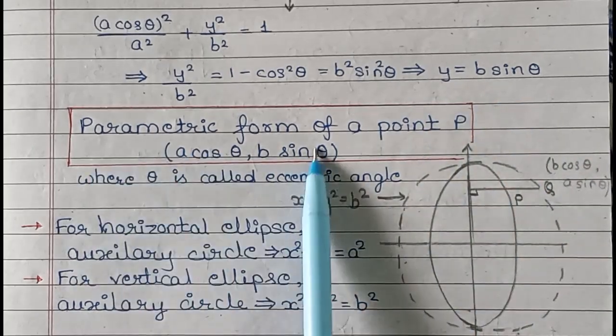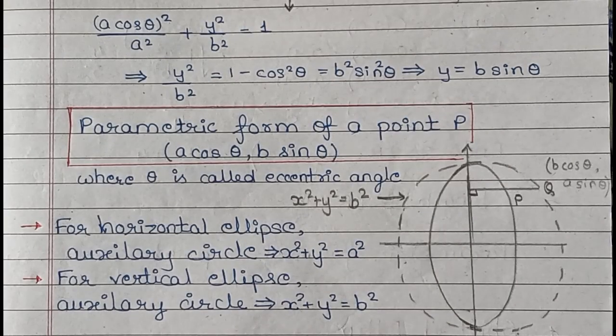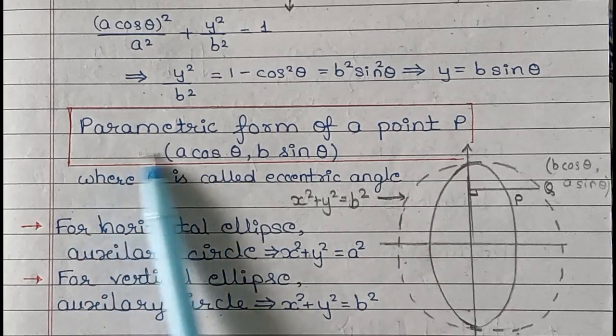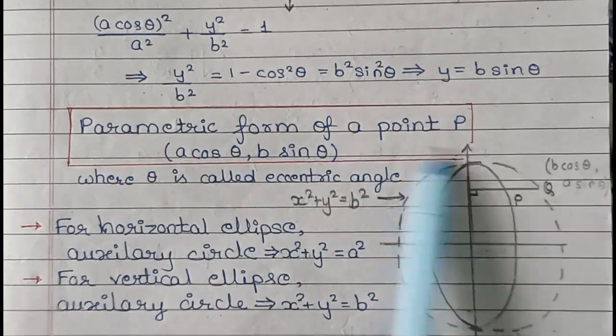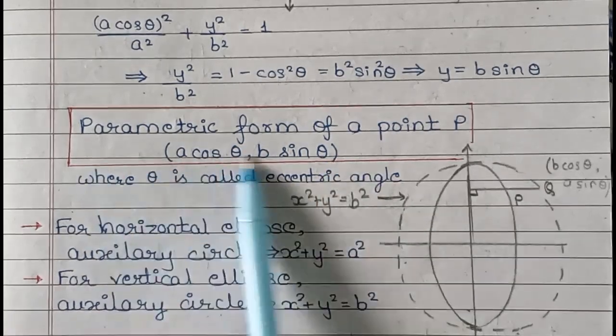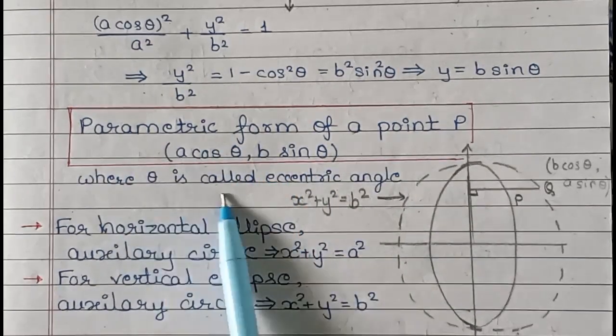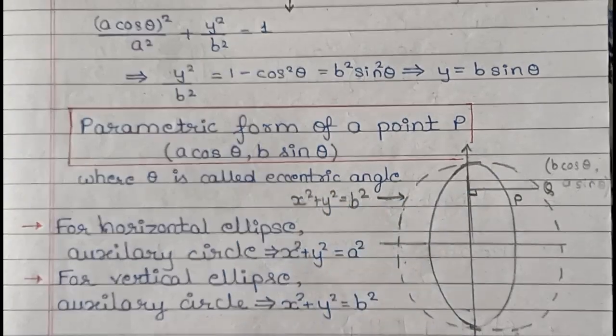The parametric form of the point P is a cos theta and b sin theta. Okay, I think now it's clear. So the parametric form of the point P is a cos theta and b sin theta. You have to remember this point. This is very important. Here theta is called an eccentric angle.